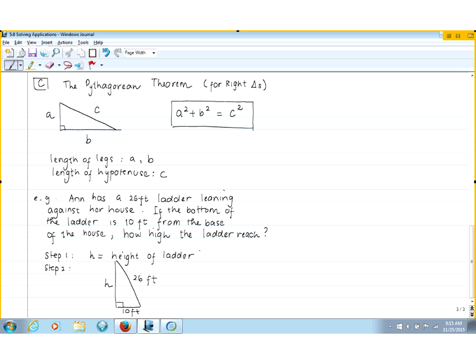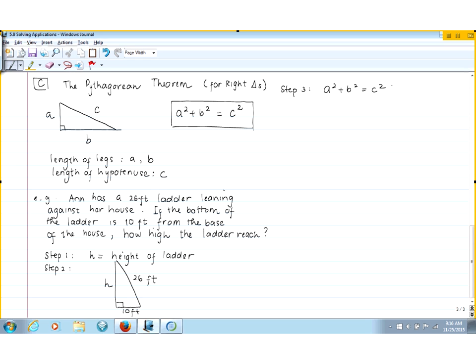Good. Now, what do we do next? Can we use the Pythagorean theorem here? Yes. Why? Because I have a right triangle. So it says a squared plus b squared is equal to c squared.